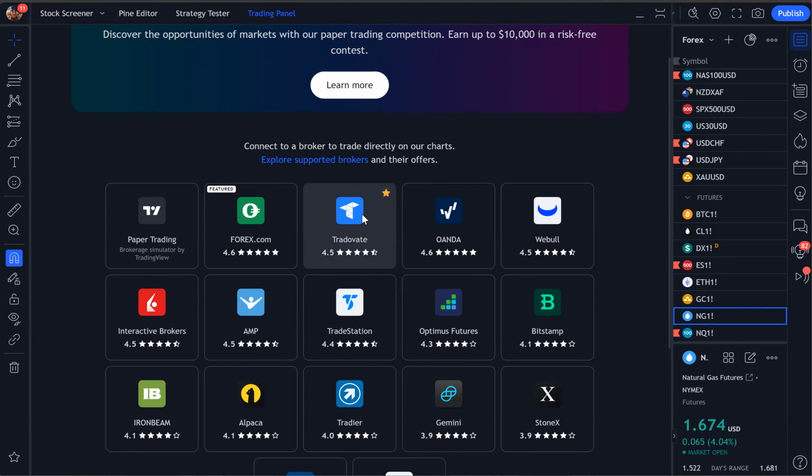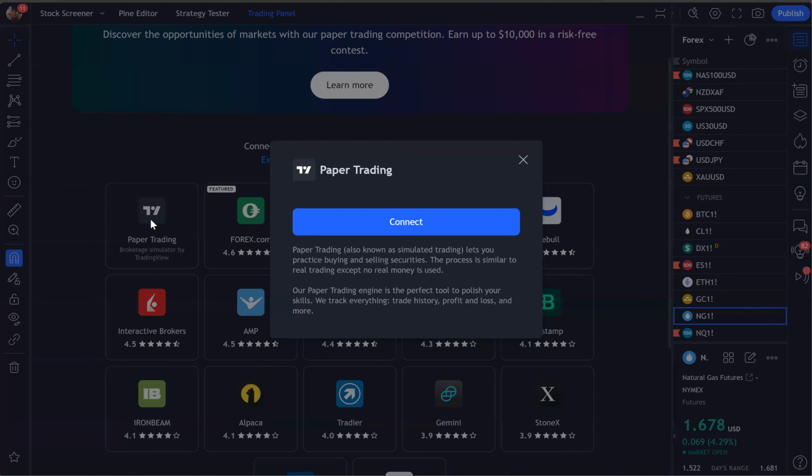I use Tradovate to trade futures, and I use Webull to trade my stocks and options. Those are my brokers. However, I connect both to TradingView and I trade through TradingView. But if you want to practice, then you can come over here to paper trading.